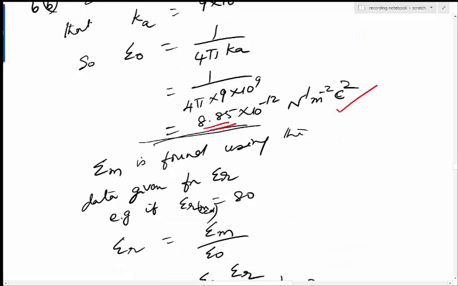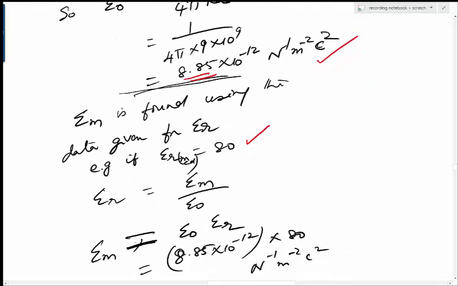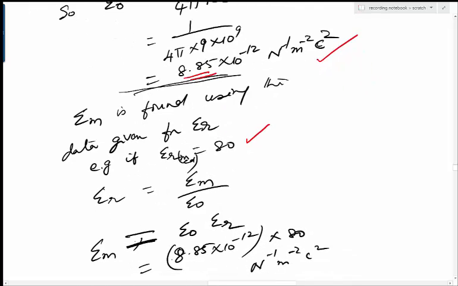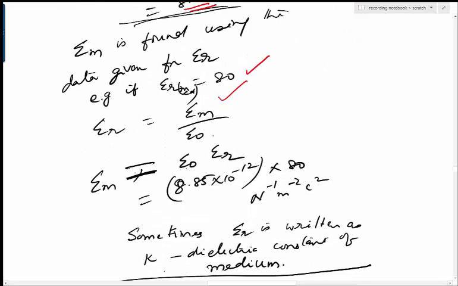Epsilon m is found using the data for epsilon r. So if I know epsilon r to be 80 for a given medium, epsilon m will be epsilon naught into epsilon r, which will be 8.85 into 10 power minus 12 into 80.